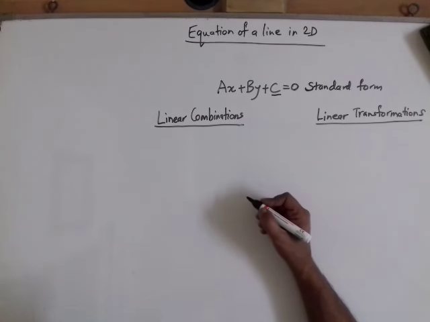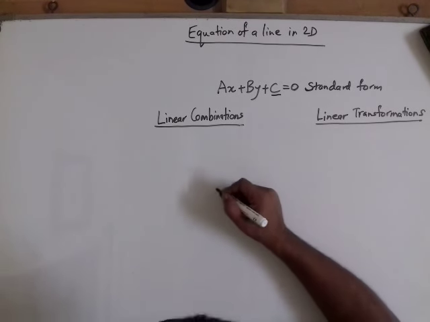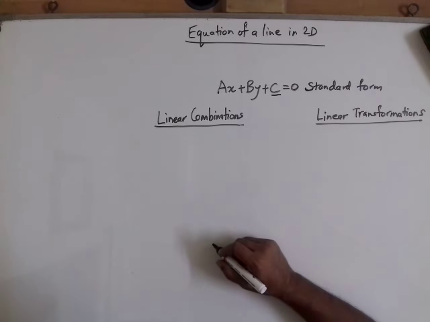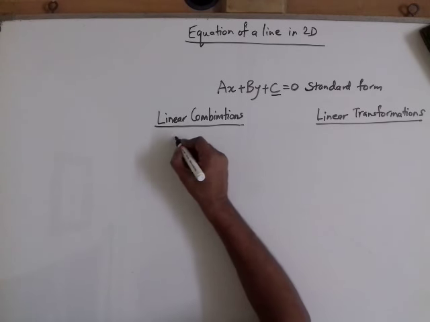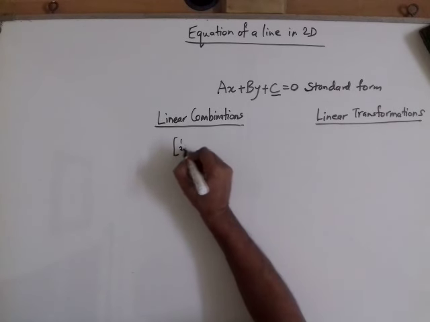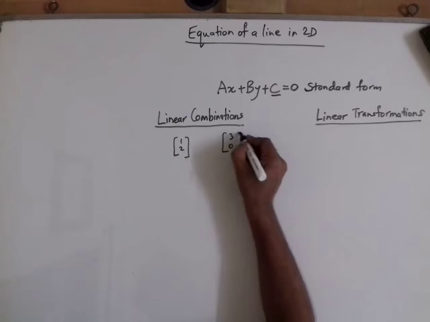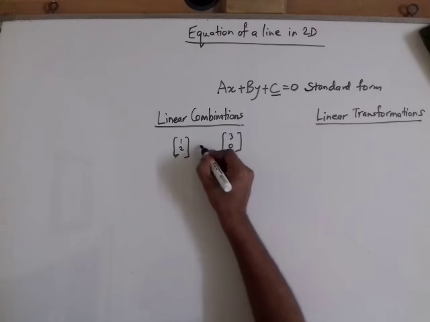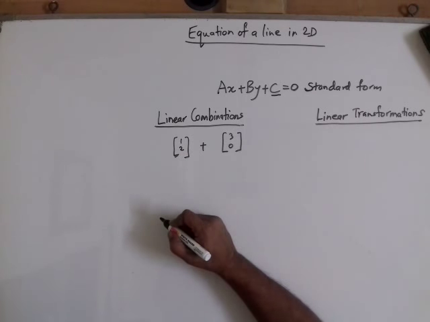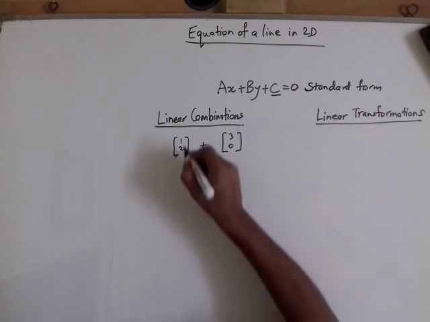Linear combinations. Okay, so what are linear combinations? Linear combinations are additions of scaled multiples of vectors, right? So I'll quickly write an example. If you are just in 2D, you have these two vectors, say 3, 0. It is an addition of scaled multiples.